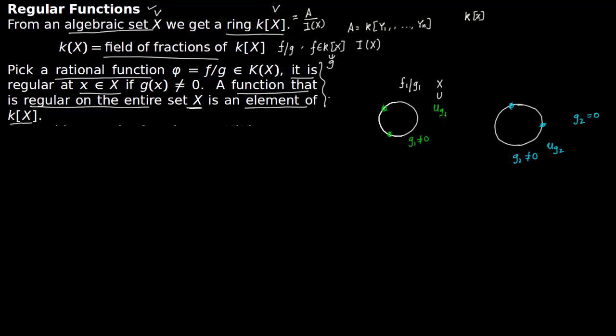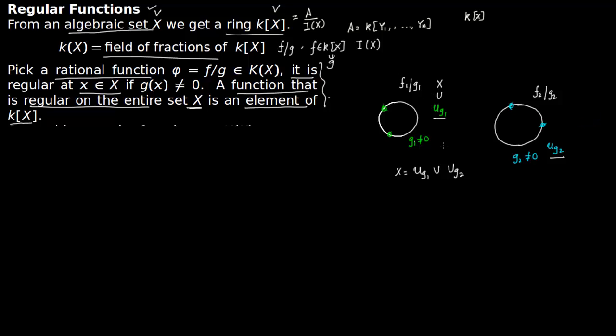So these two sets, u of g1 and u of g2, cover this algebraic set X. And say functions on u of g2 are of the form f2 by g2, obviously because g2 is not 0.